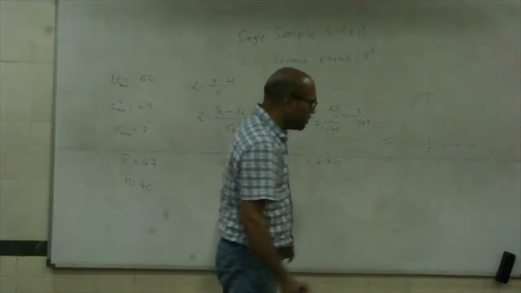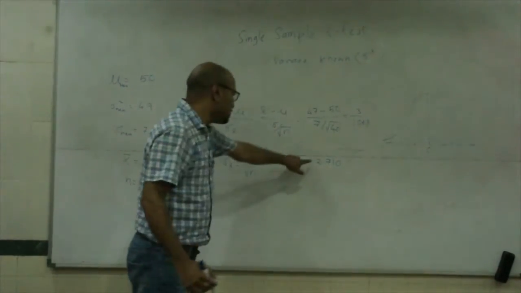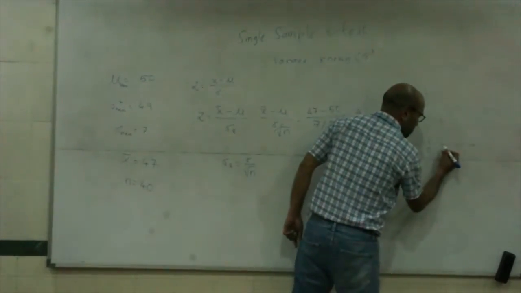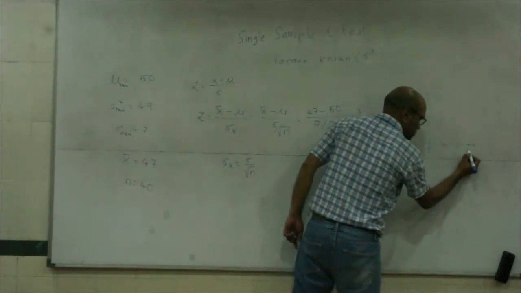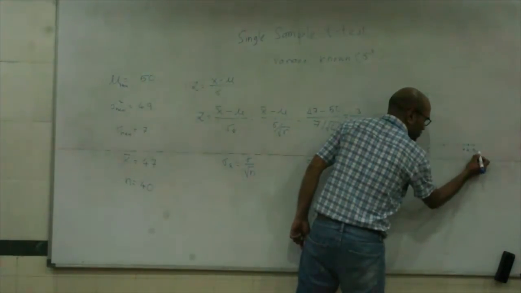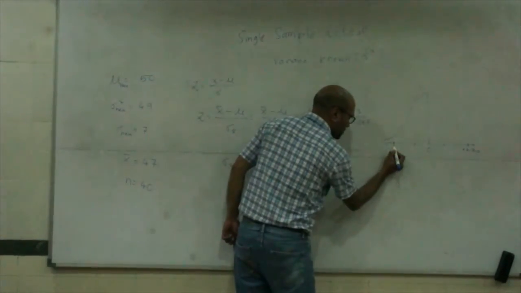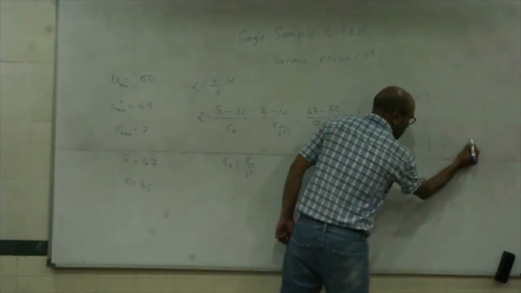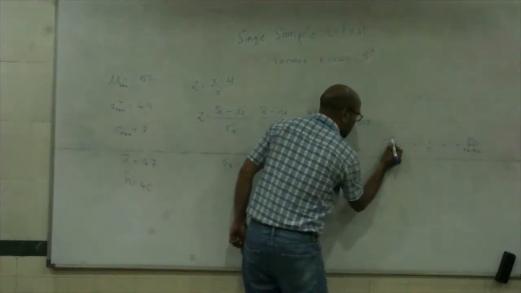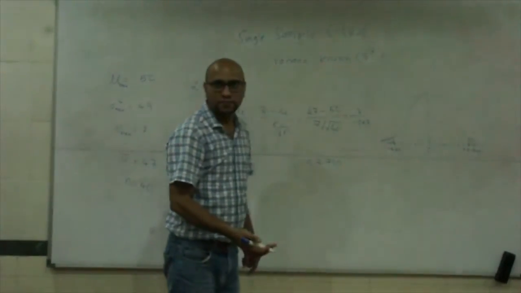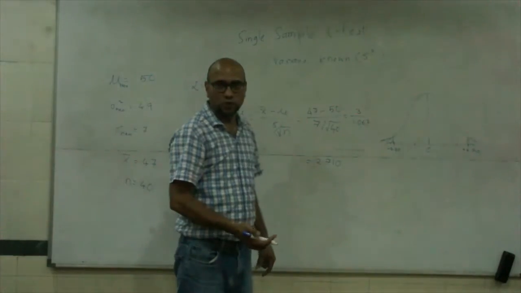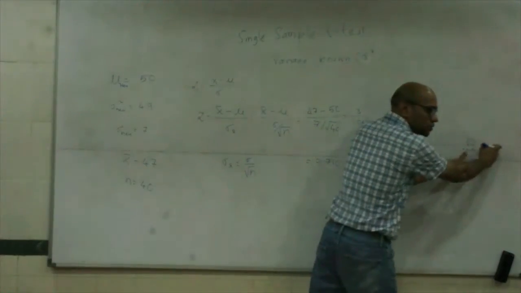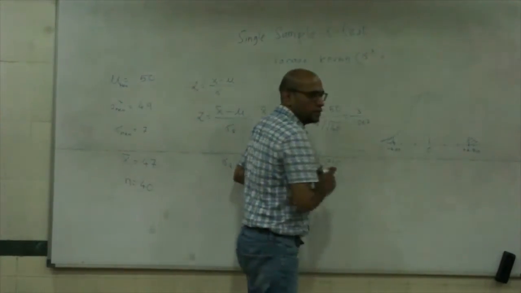Now, what I have obtained is 2.710, this side is positive 2.710, this is negative 2.710. So I want to know the area beyond this, positive and negative 2.710. So I wish to integrate the area beyond this, and I wish to integrate the area beyond this.